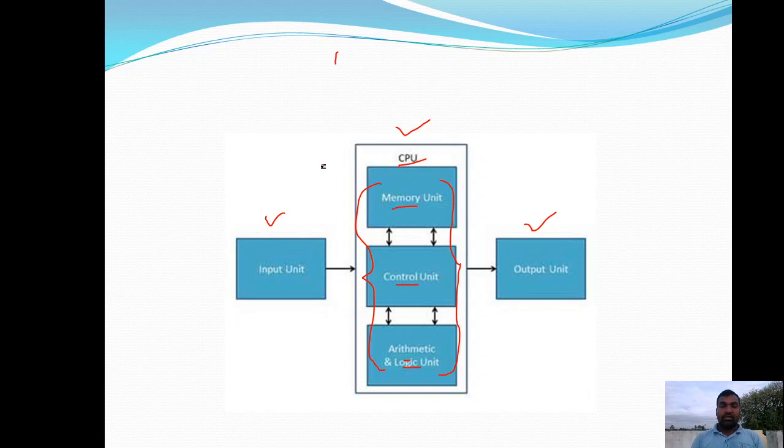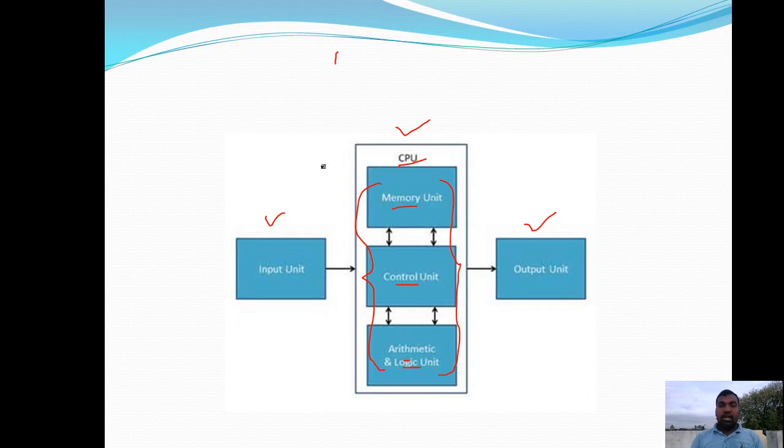After receiving the input, the control unit, in association with the arithmetic and logical unit, performs the operations. The data is transferred to the arithmetic and logical unit, where the operation is performed. Then the control unit coordinates with the memory unit to store the results and to get the data existing in the memory unit. Then the output generated by the arithmetic and logical unit is transferred to the output unit.